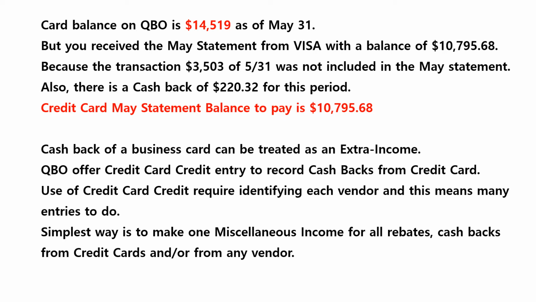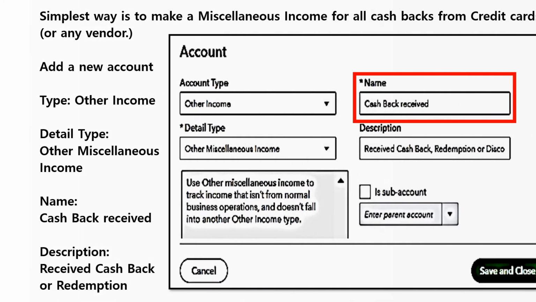Cashback of a business card can be treated as extra income. QuickBooks Online offers a credit card credit entry to record cashbacks from credit card. Use of credit card credit requires identifying each vendor, and this means many entries to do. The simplest way is to make one miscellaneous income for all rebates, cashbacks from credit cards and any other vendor.